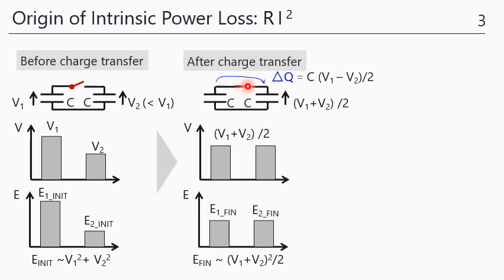After switching on the path from the first capacitor to the second capacitor, the charge is transferred until both voltages are equalized like this. For simplicity, I assume that those two capacitors are the same size. Therefore, the equalized potential is the middle of V1 and V2 like this.